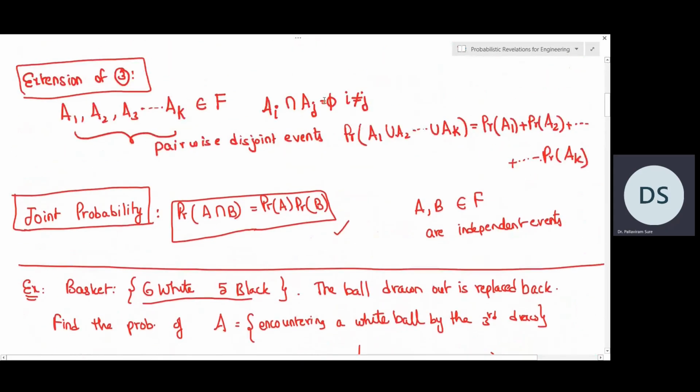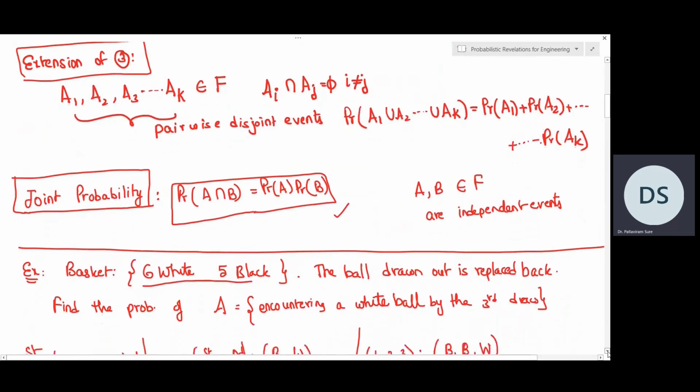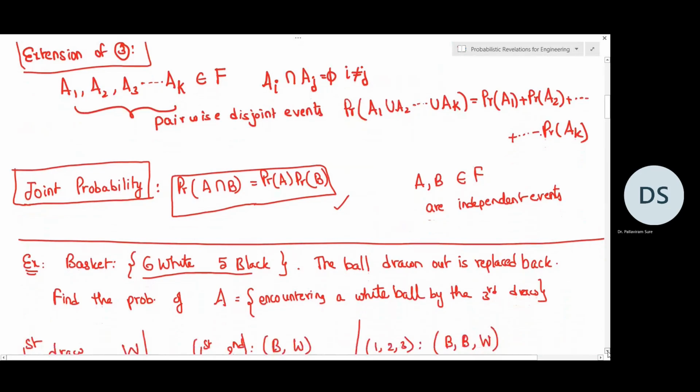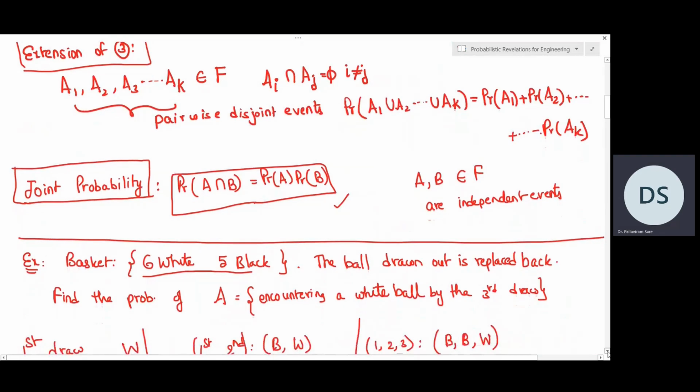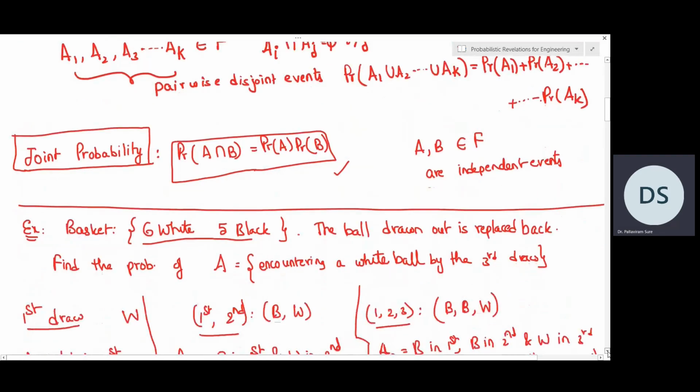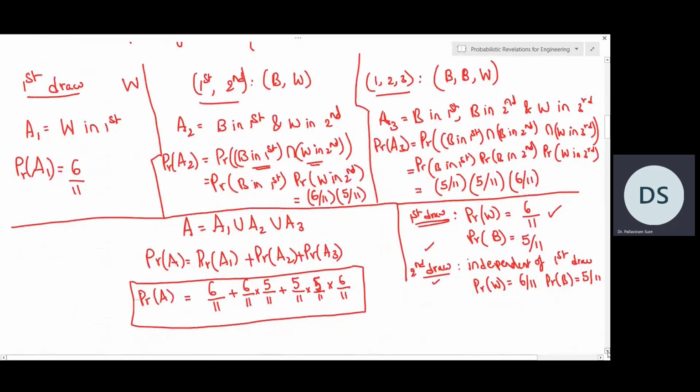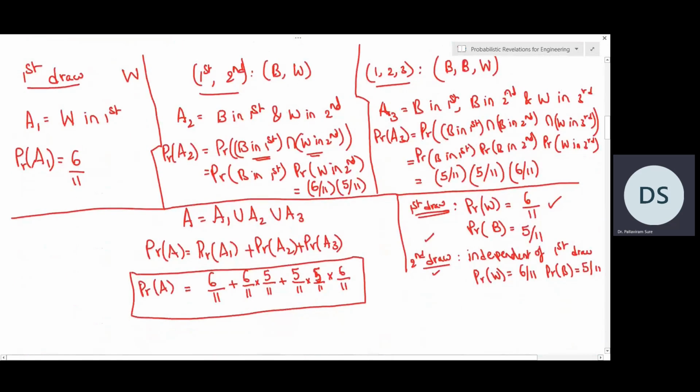So with the help of this and this, we were able to write the probability of the complicated event A in terms of these A1, A2, A3, and hence this joint probability definition has come of use when we wrote these sub-event probabilities. So thus an example with the application of joint probability of independent events and extended axiom 3 we have seen as an application here.